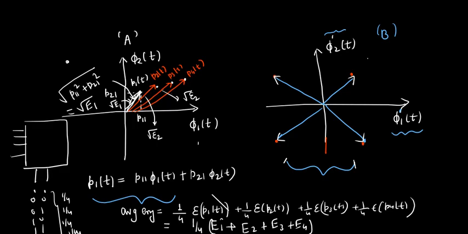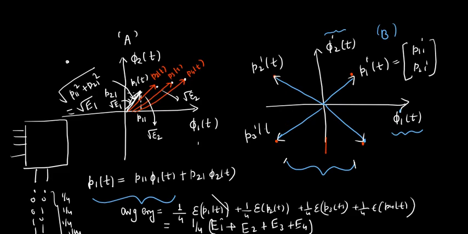B came up with 4 different waveforms. You can call it P1 prime (t), which you can write with coefficients P11 prime, P21 prime, or dash. Similarly, P2 dash (t), P3 dash (t), P4 dash (t), and you can write the coefficients as P12, P22 dash dash.